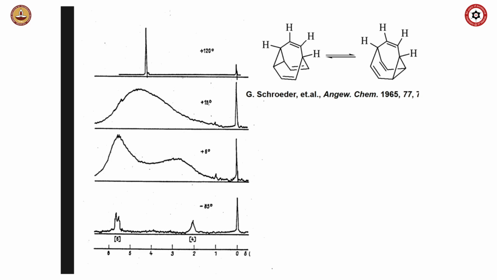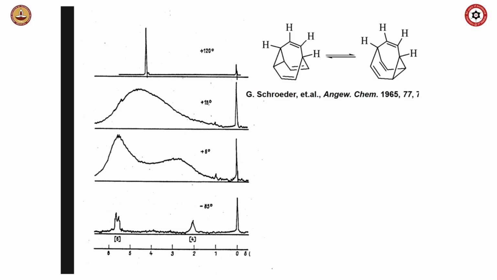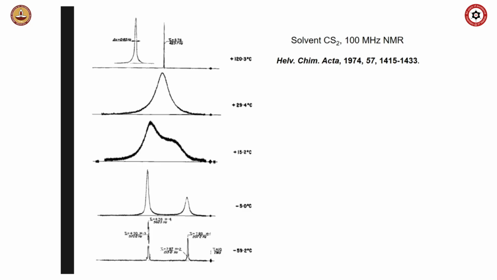In between, you see a mountain kind of spectrum. This is because of the uncertainty principle of the hydrogen residence time in each of the conformations. This is a 100 megahertz spectrum. This is a 60 megahertz spectrum. That is the only difference. Otherwise, the number of peaks are all same.